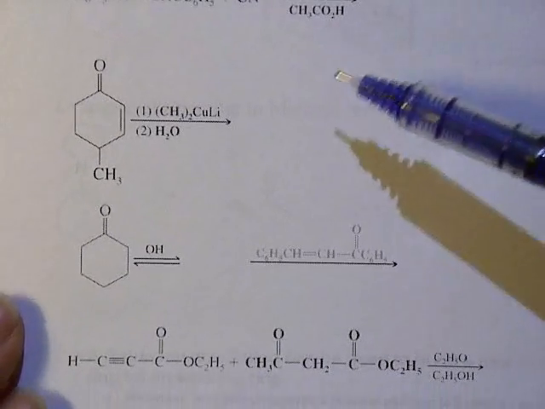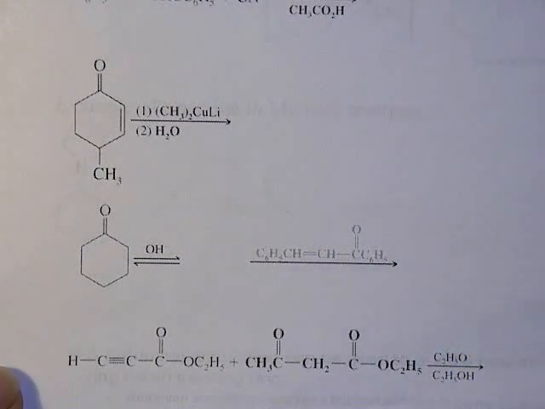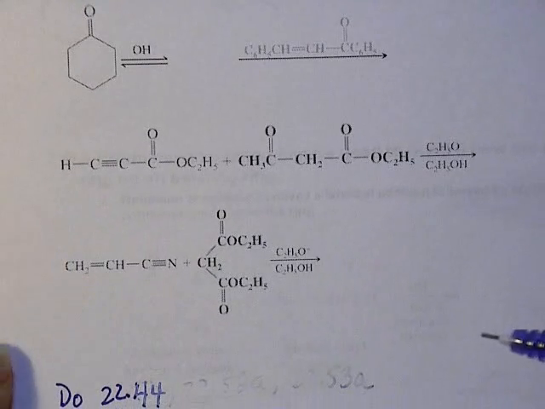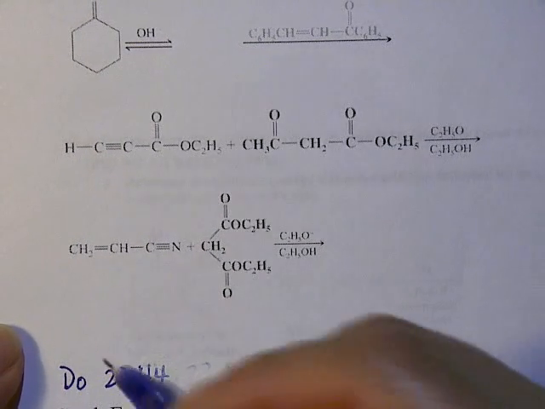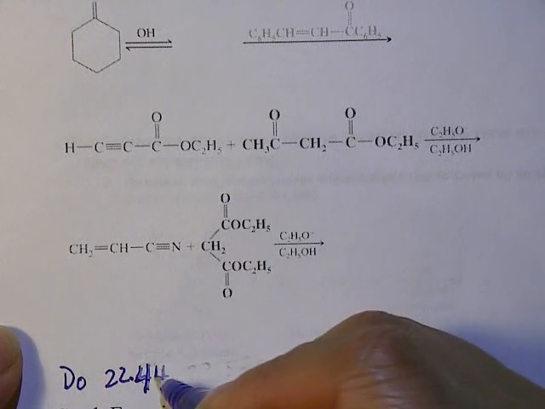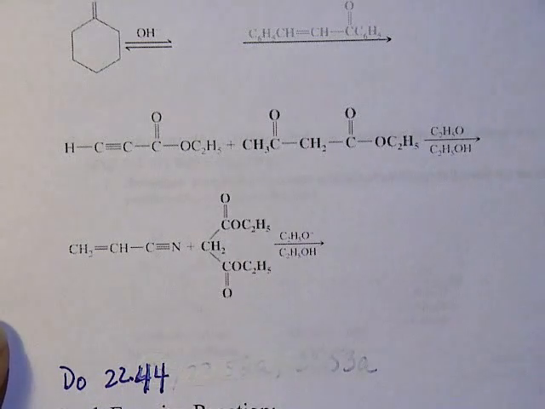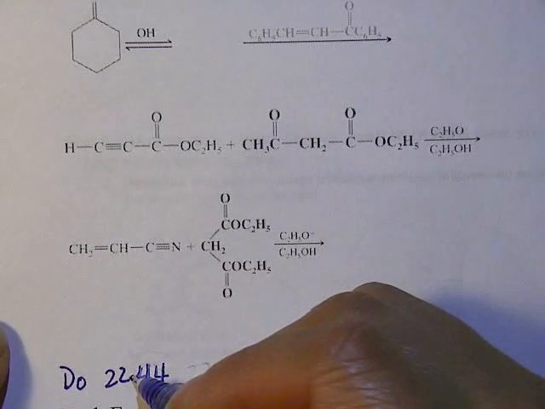So there are several of these, and then at the end I would like you to do 22.44 from your book as well. So these drill problems plus 22.44 for this lecture.